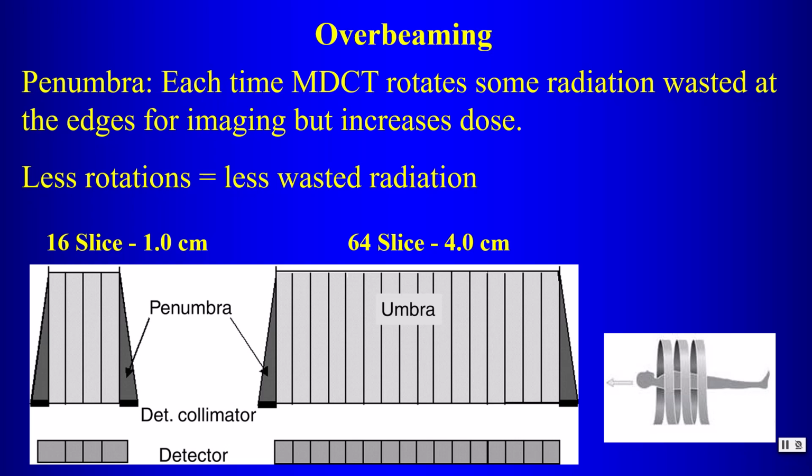Now a 16-slice scanner only covers a 1 centimeter slab of tissue every time the scanner goes around, as opposed to a 64-slice scanner, which covers 4 centimeters of tissue every time the scanner goes around.